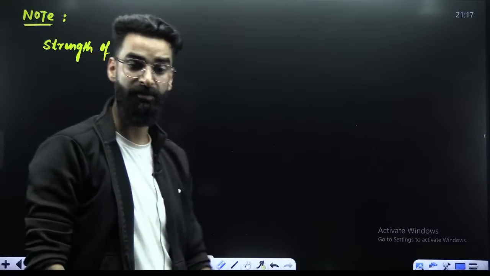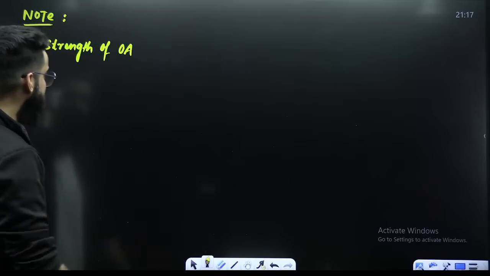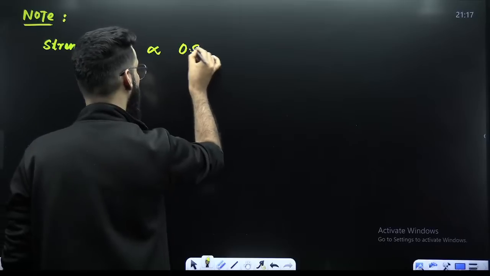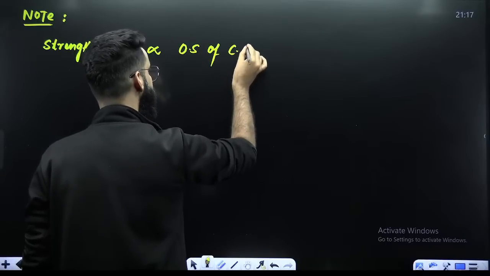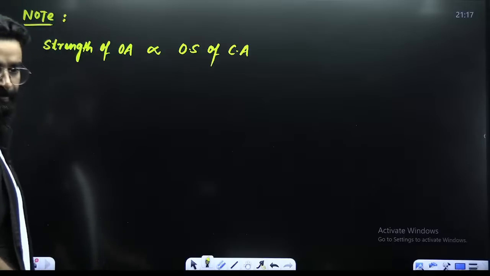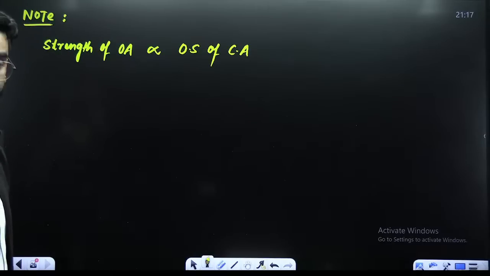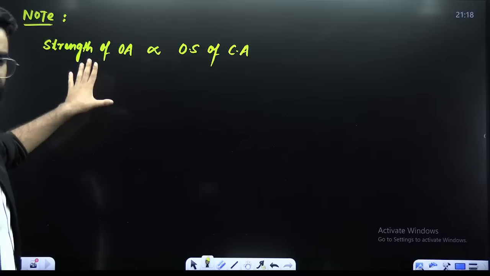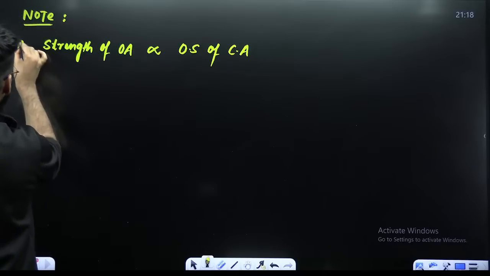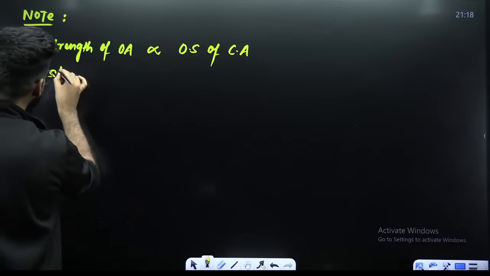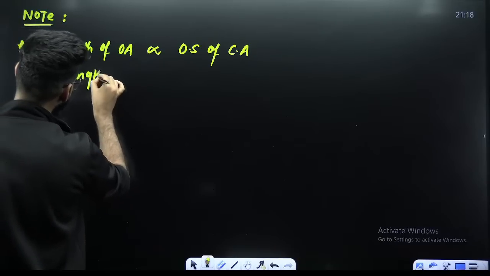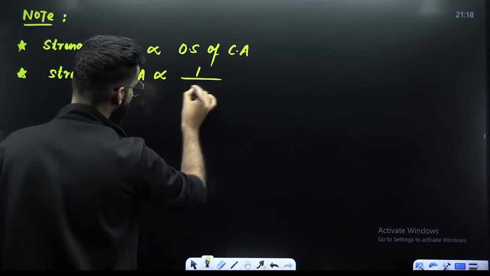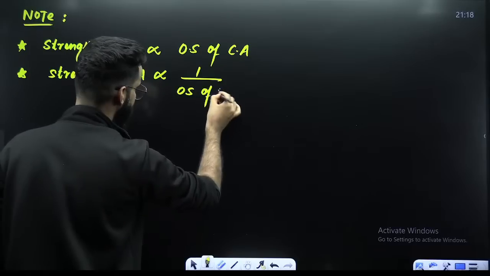What we need to remember is that strength of oxidizing agent is directly proportional to the oxidation state of the central atom. So the higher the oxidation state of the central atom, the better the oxidizing agent. Similarly, they might ask you a question related to strength of reducing agent. Strength of reducing agent will be inversely proportional to the oxidation state of the central atom.